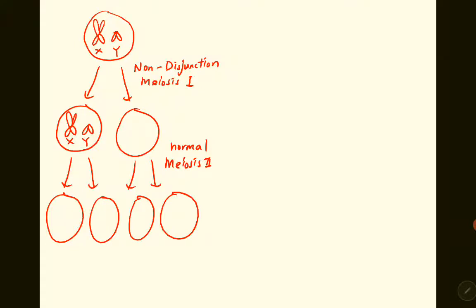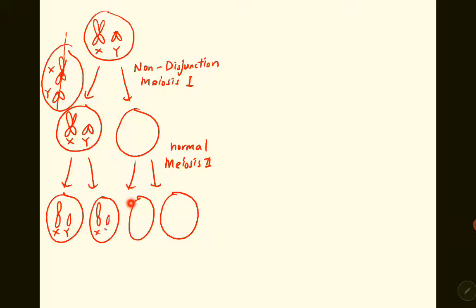Now this XY, how would it separate? Is it XX, YY, or XY? Now remember what we have learned during the meiosis process. This X and Y align on the metaphase plate. So when they separate during anaphase to the opposite poles, it will become X and Y, not XX and YY.